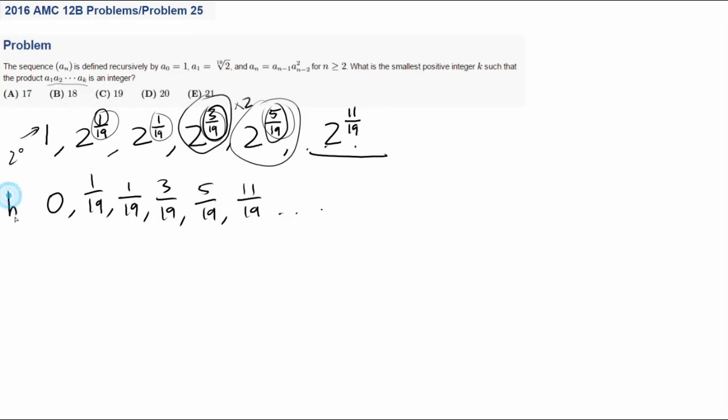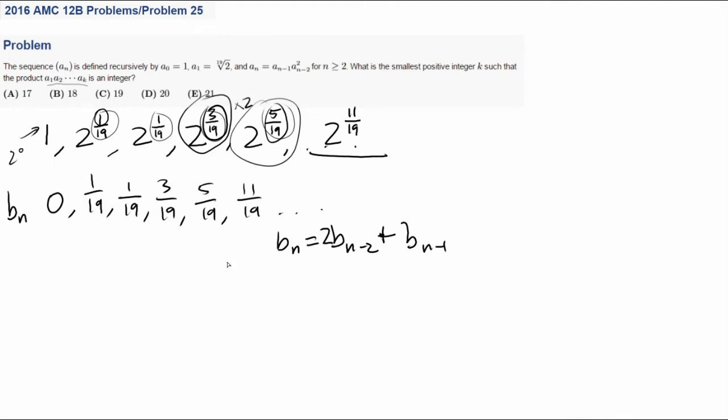Let's say this is a sequence b_n. So b_n is actually equal to b_(n-2) times 2 plus b_(n-1). Just the way that exponents work.